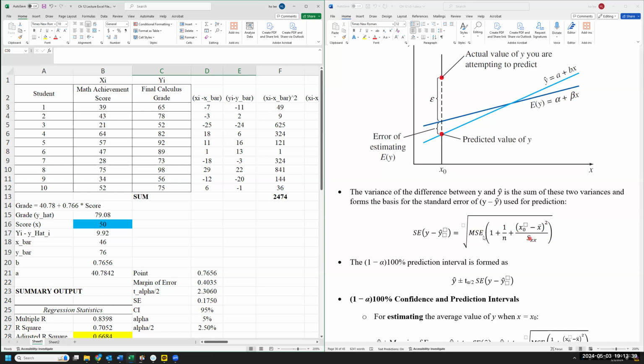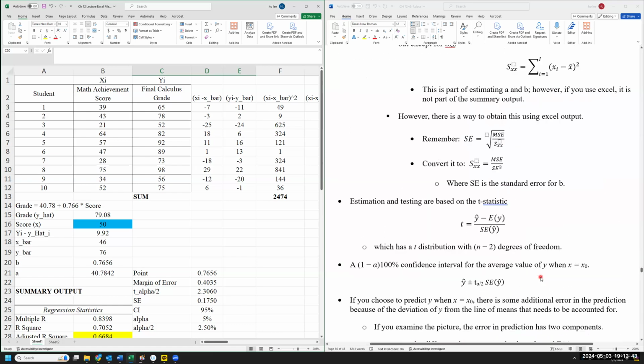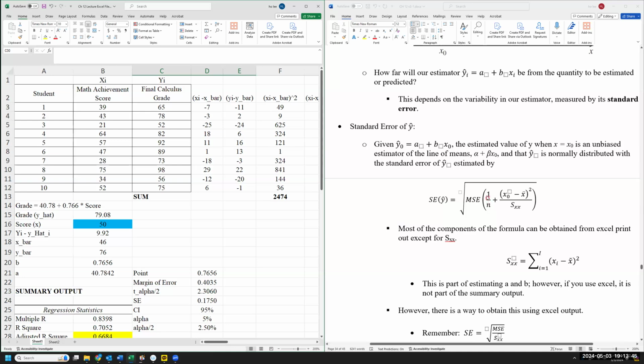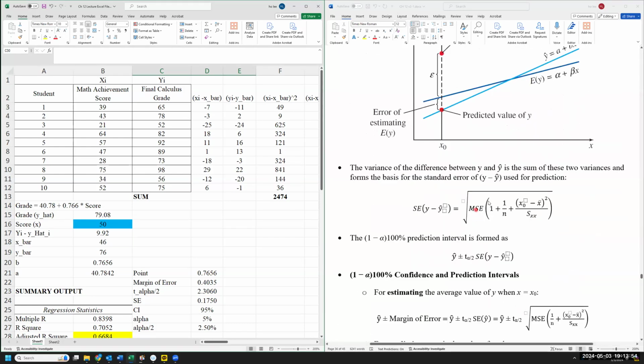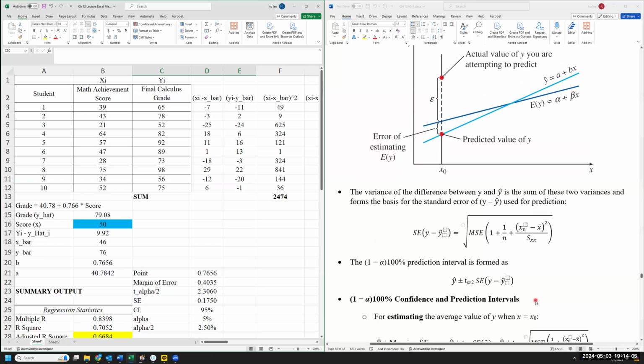The only difference between this and the standard error of y hat is that this one has an extra 1 here. So we have a 1 here.